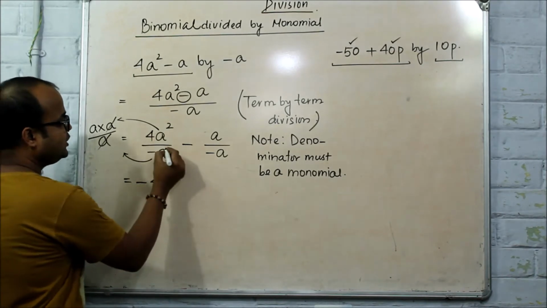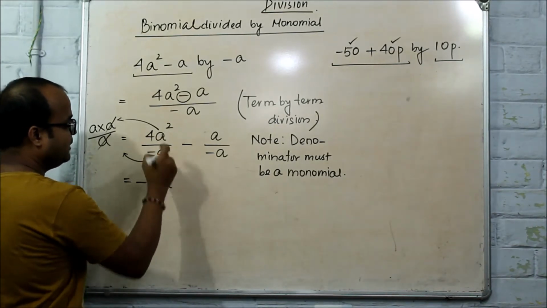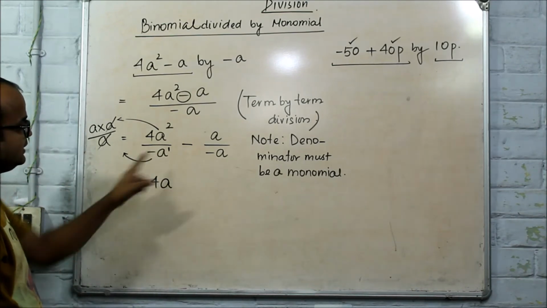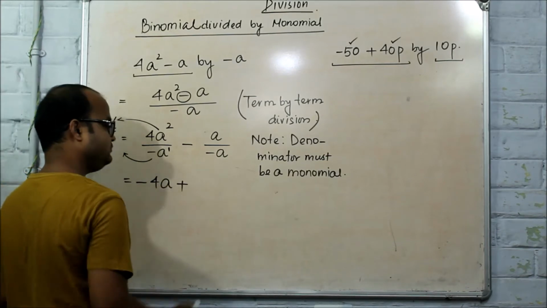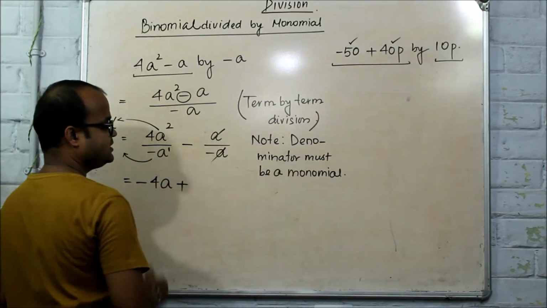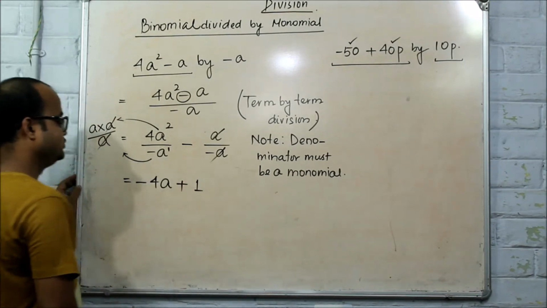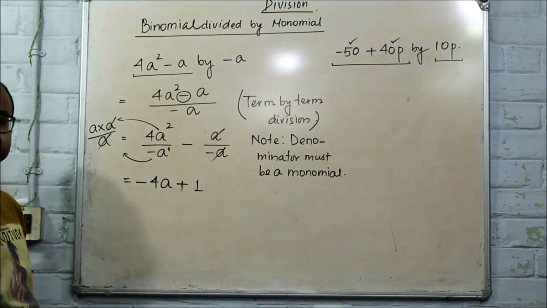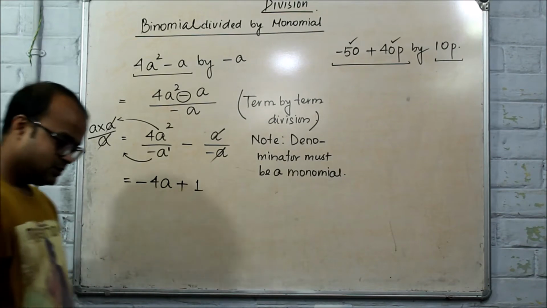Or in another way you can write power is 2, power is 1, so 2 minus 1 is 1. So minus 4a. Minus of minus is plus. A and a cancel. Cancel means the factor left here is 1. So your answer is minus 4a plus a. Clear?